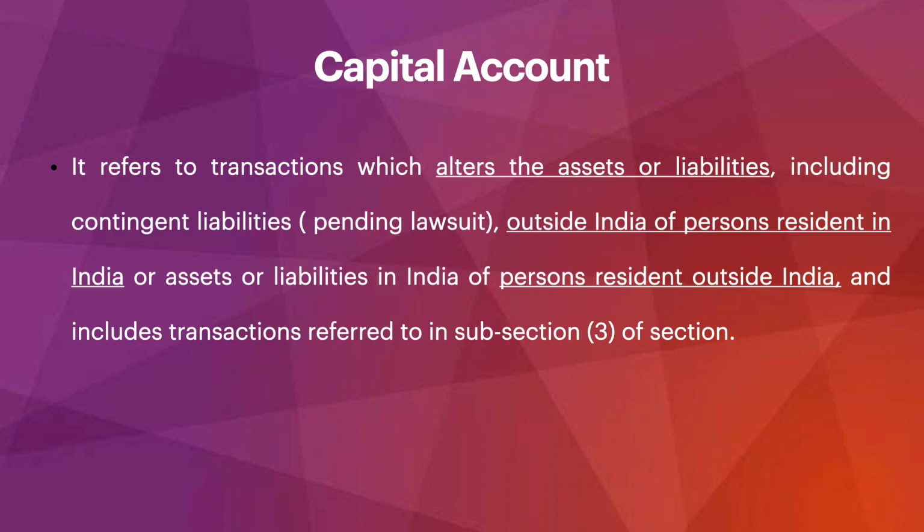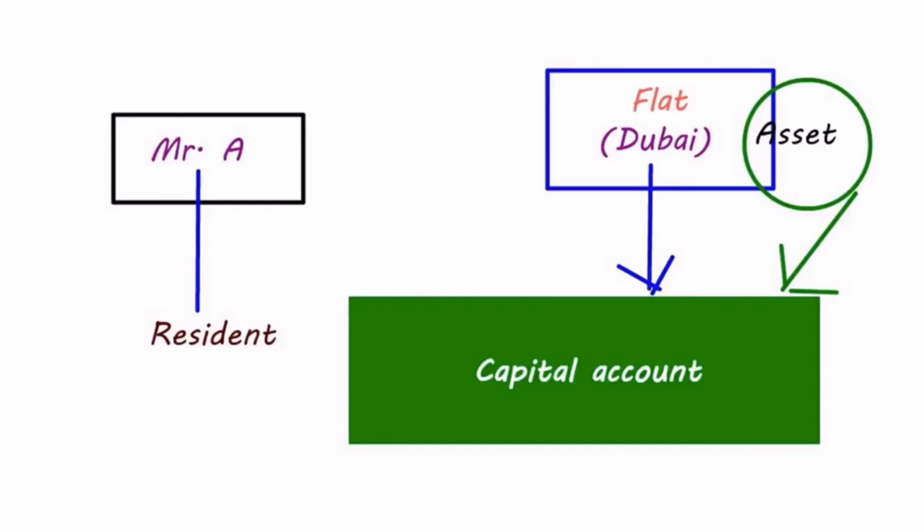So I'm going to give you a few examples for you to better understand, because I want you to understand the meaning as it is. Now here, as you see on the screen, A is a resident of India, a person living in India. Now he wants to buy a flat which is situated in Dubai. Dubai is definitely not a part of India, correct?